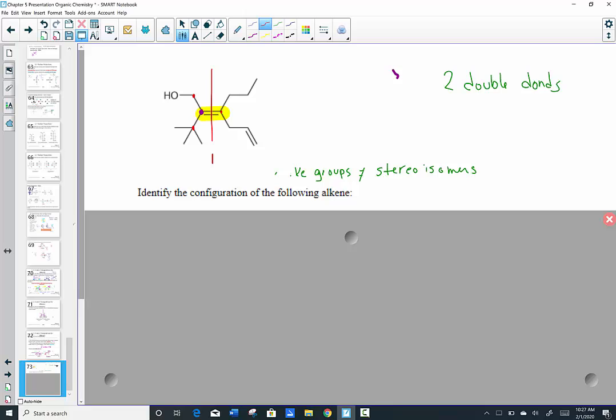Both of the carbons here that I colored purple are leading out to carbons. This carbon is attached to two hydrogens and an OH. This carbon is attached to three other carbons. So clearly I see the higher priority would be the OH group, because oxygen is of higher priority than carbon.